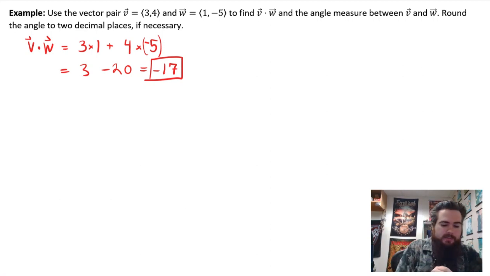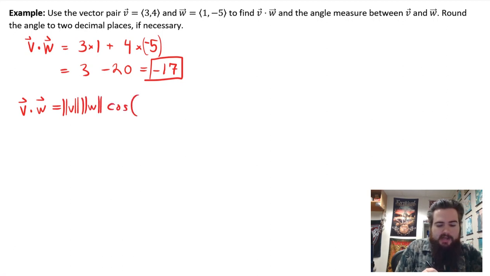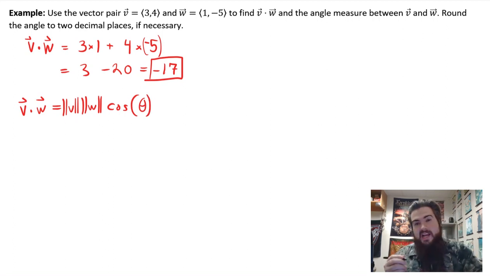The geometric interpretation of the dot product is that v dot w is equal to the magnitude of v times the magnitude of w times cosine of theta, where theta is the angle between vector v and w.